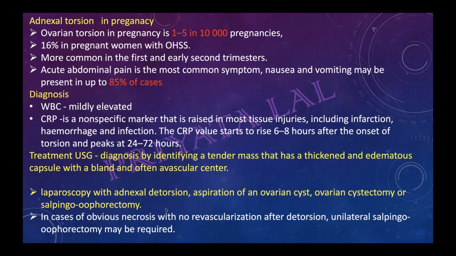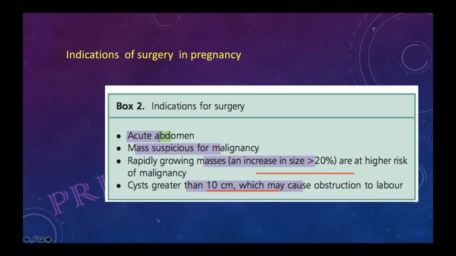Interval surgery cannot be done in pregnancy because it will be so difficult. So in some cases they are doing unilateral salpingo-oophorectomy. Okay, so many questions on torsion come, and this talk really answers all the questions.